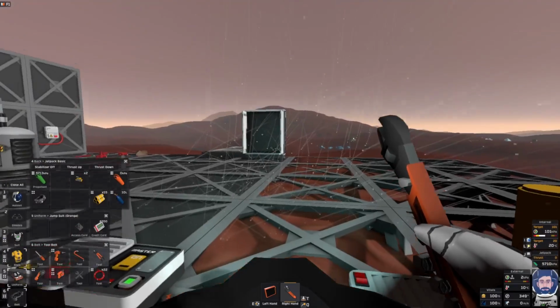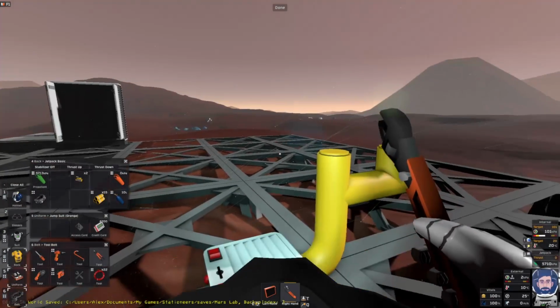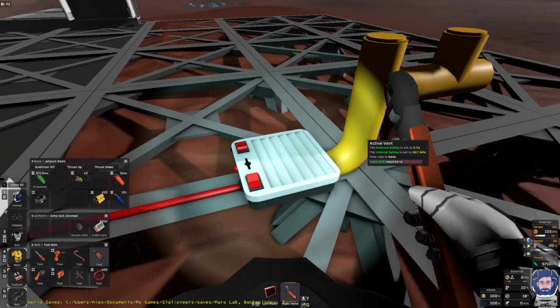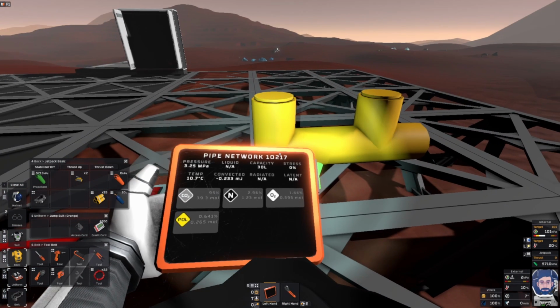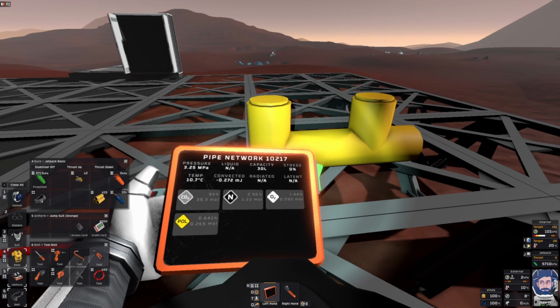The active vent takes gases from its environment, so it is pulling in Mars's atmosphere, and pushes it into this pipe network. As you can see here, we have a pretty large amount of gas quite quickly. The active vent is fairly efficient at moving gases from the atmosphere into a pipe, or vice versa.